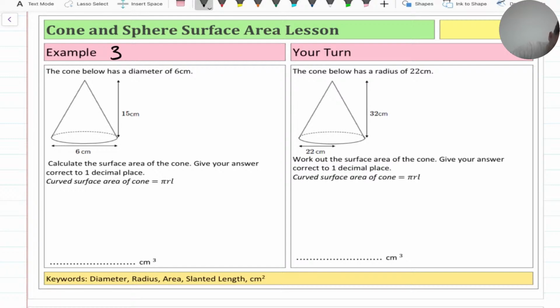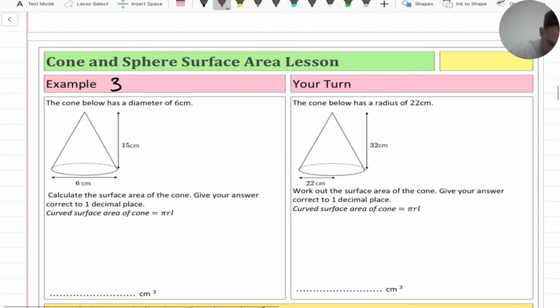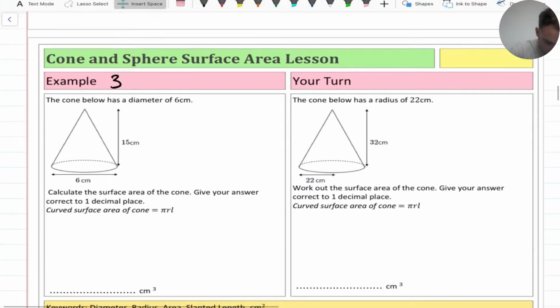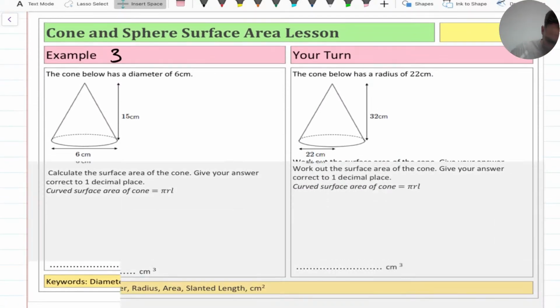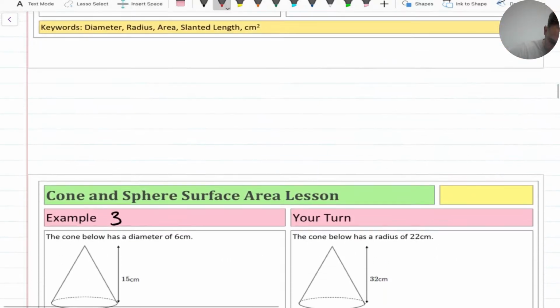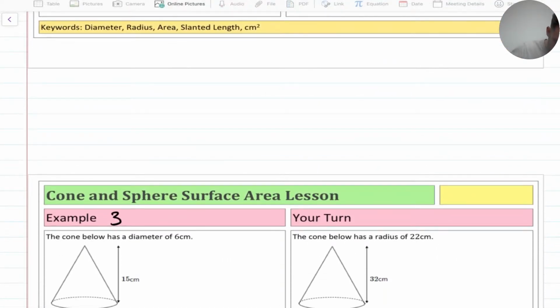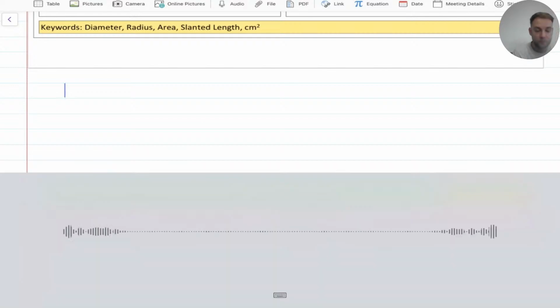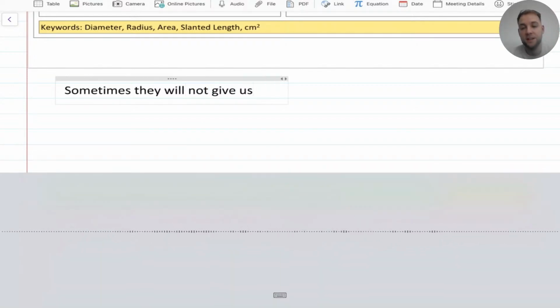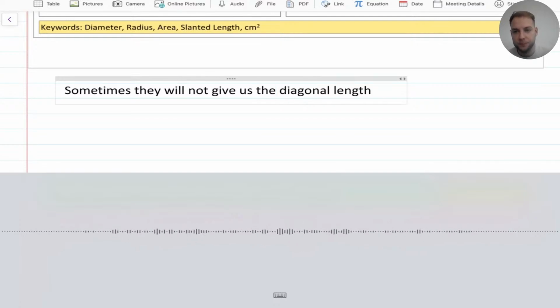Now, let's write a little sentence here. Sometimes they will not give us the diagonal length of the cone.